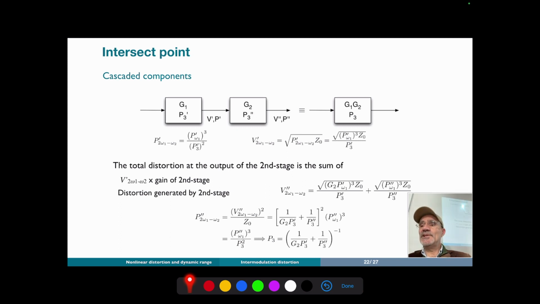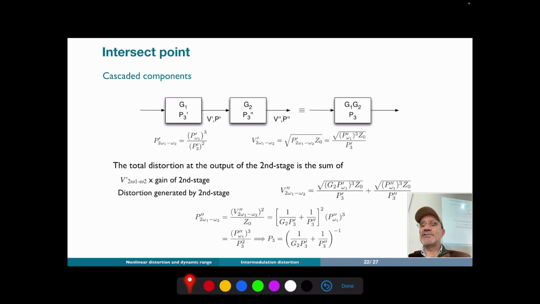And we want to obtain the equivalent third order intersect point of the cascade of these two components. Obviously, the gain of these two components is the product of the gains of each one individually.